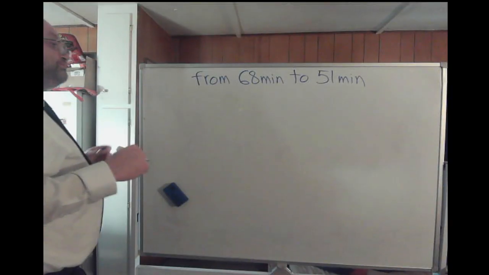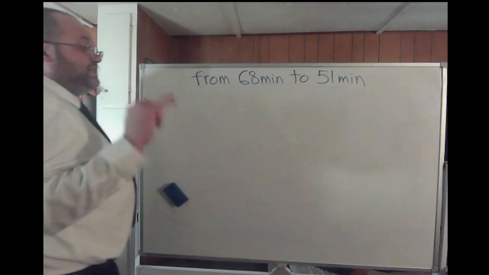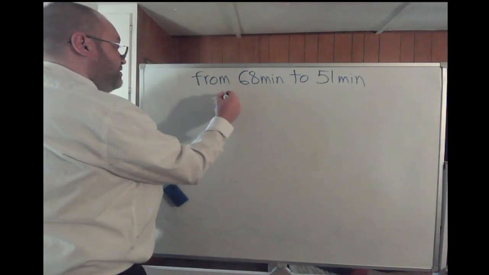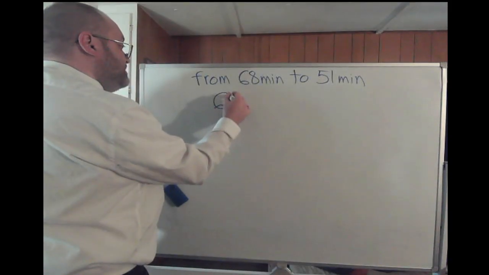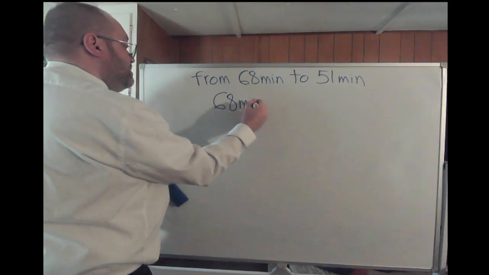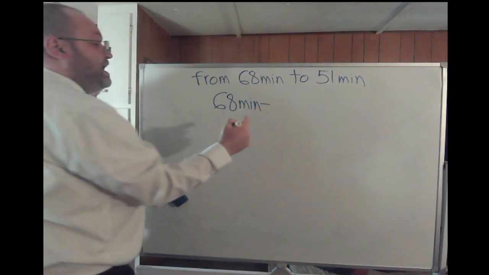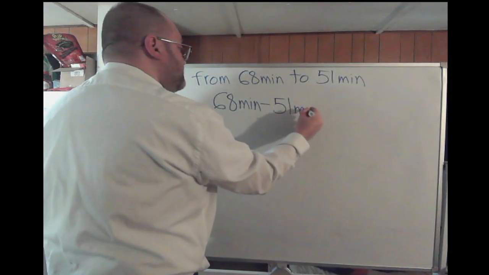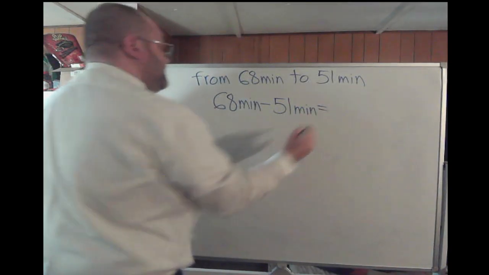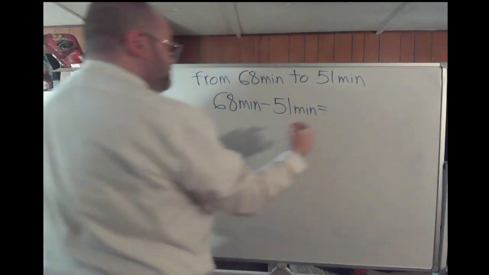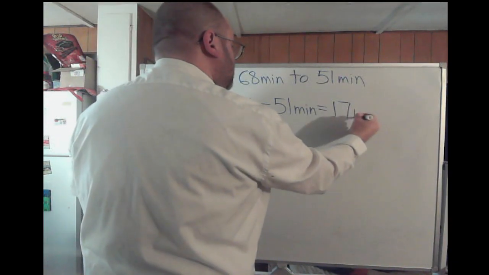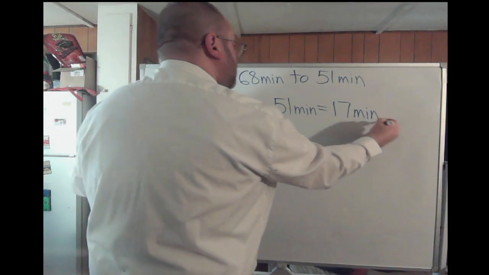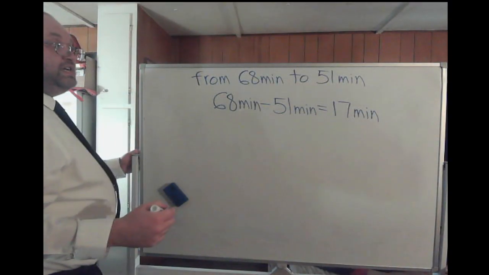So if it's a decrease, you take your original amount of 68 minutes, then you'll subtract the new amount from that, the 51 minutes, and 68 minus 51, well, that'd be 17. You decrease by 17 minutes.